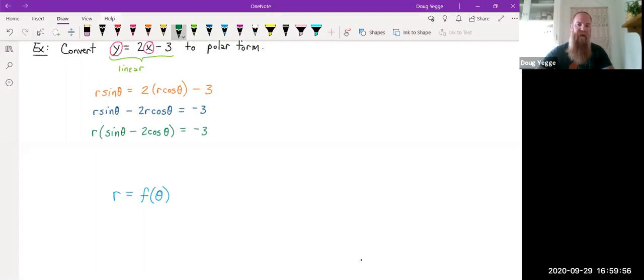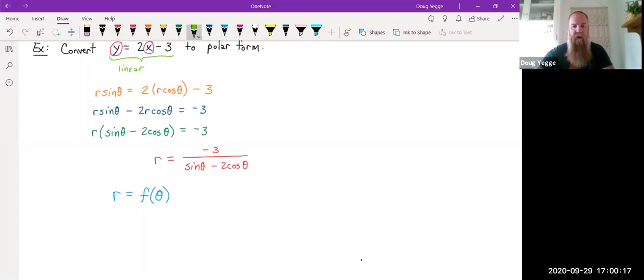And so our last step is to divide by that quantity in parentheses, which means that r is equal to -3 over sine theta minus 2 cosine theta.